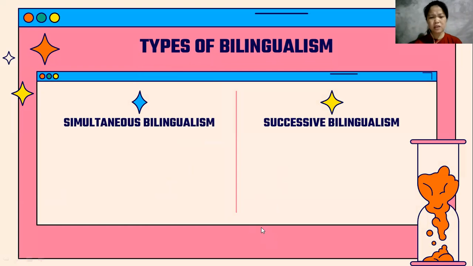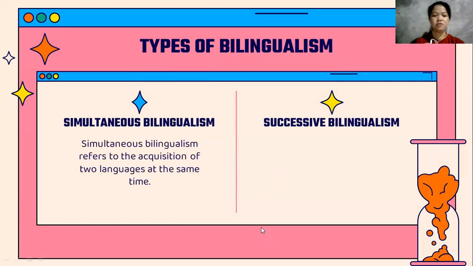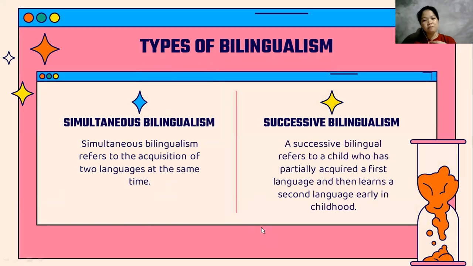Now, simultaneous bilingualism refers to the acquisition of two languages at the same time. And a successive bilingual refers to a child who has partially acquired a first language and then learns a second language early in childhood. As you can see in the explanation, these are just the same, the acquisition of two languages. So what makes it different?